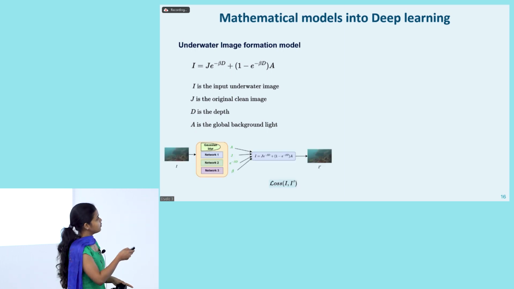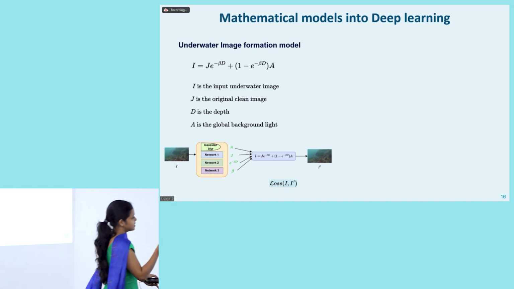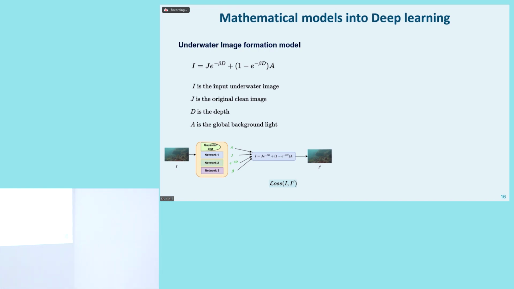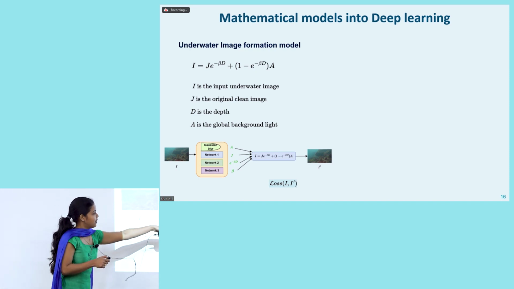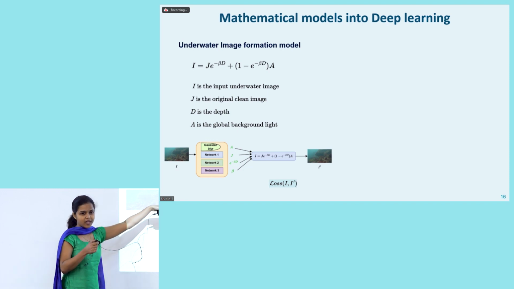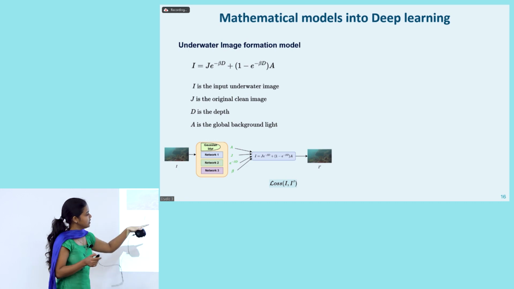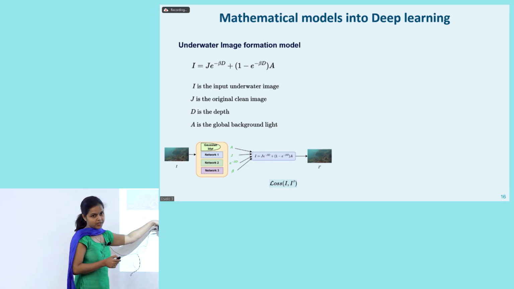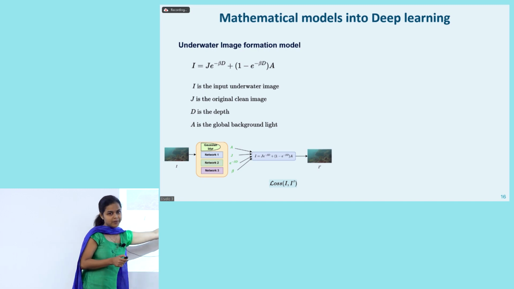So how can I form a deep learning network that gives J and this depth? I have the input underwater image. I will split this underwater image into its components, A, e raised to minus beta d, and J. For that I am using Gaussian blur to find A. I have followed the state of the art methods to find A. A is the global background light. Then I am using 3 networks, networks 1, 2, 3, to find J, e raised to minus beta d, and beta.